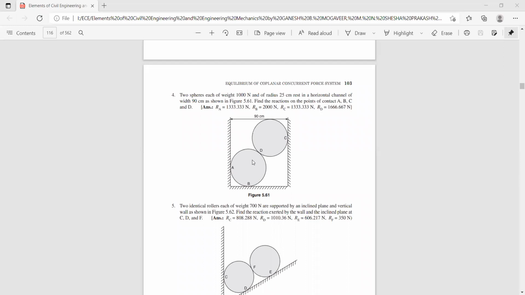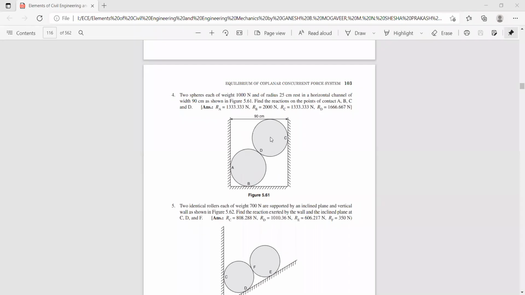So O1O2 is 50, because the radius of each sphere is 25 plus 25, 50. And O1O3, how much is it? This is 25 and this is 25, so totally 50. If you take 50 from 90, O1O3 is 40. Thereby you get the angle theta. So you construct a triangle like this, O1, O2, O3.